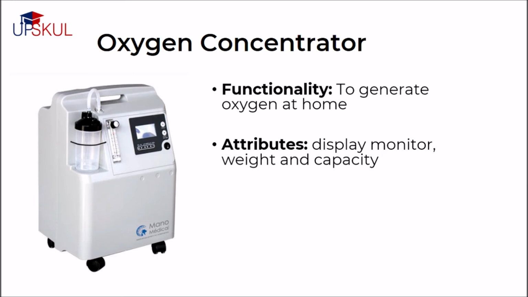To create a product that is useful for patients who have oxygen saturation below 95%, we need to maintain the purity and flow of the supply, and to monitor these values, we need a display. Since this is a home use product, it should be easily lifted by one or two people. It should be handy in case of an emergency. Hence, the weight needs to be checked.